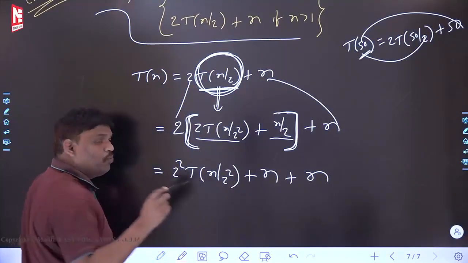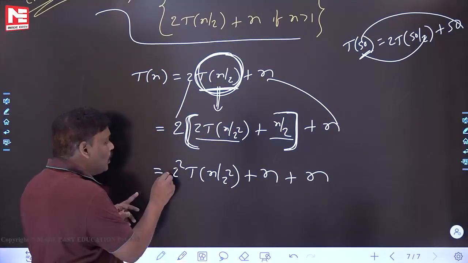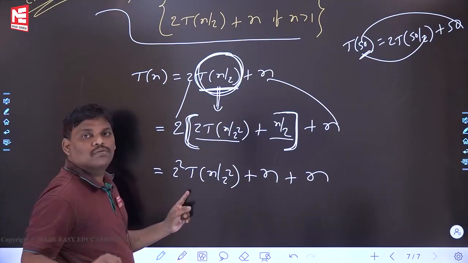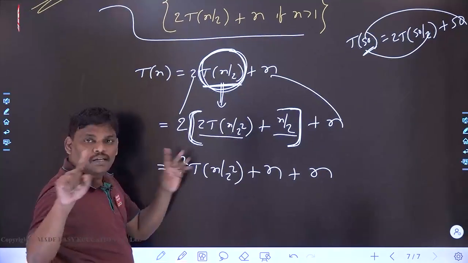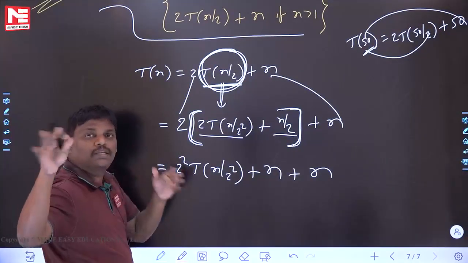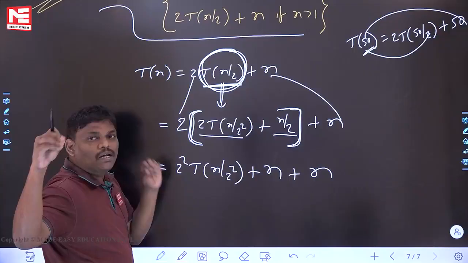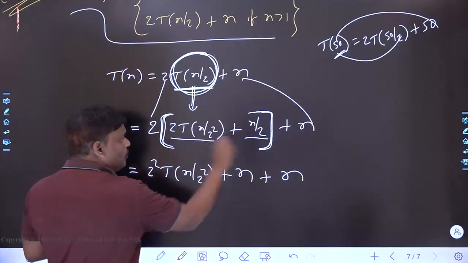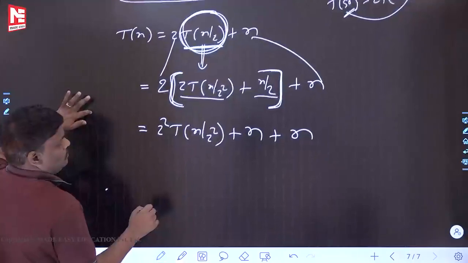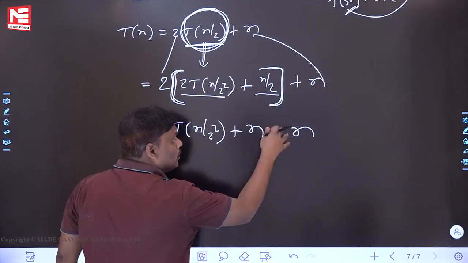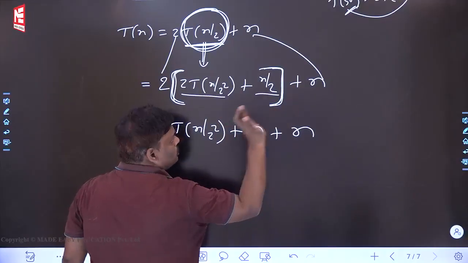Now, one more thing: while doing the substitution method, if you got 2 square, don't write 4, keep as it is. If really required, at that time we will do the calculation. Whatever is coming, please keep as it is. You may be comfortable doing the calculation, lastly we can do. I simplified, I got this answer. Some people want to write 2n. If you want, you can write 2n after completion of the third step.